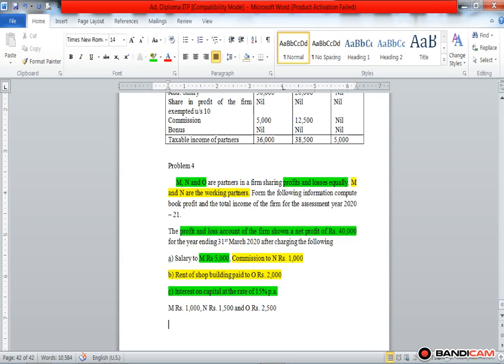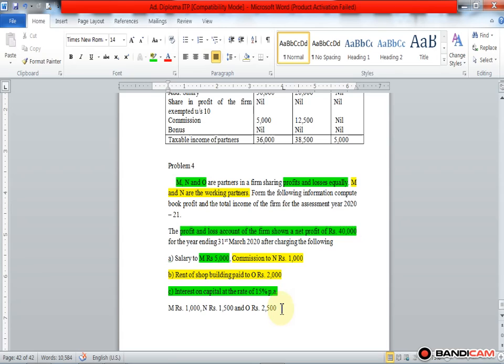M, N and O are partners in the firm sharing profit and losses equally. M and N are working partners. We have to compute the book profit and total income of the firm for the assessment year 2020-21. Net profit as per the profit and loss account for the year ending 31st March 2020 is rupees 40,000.